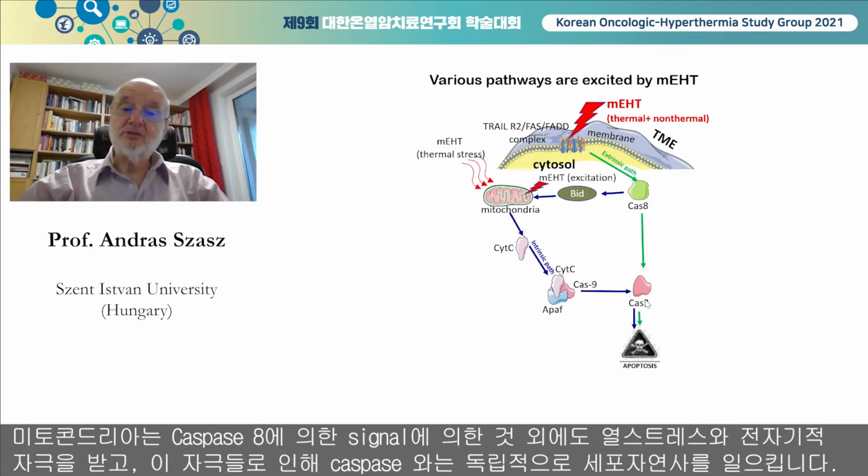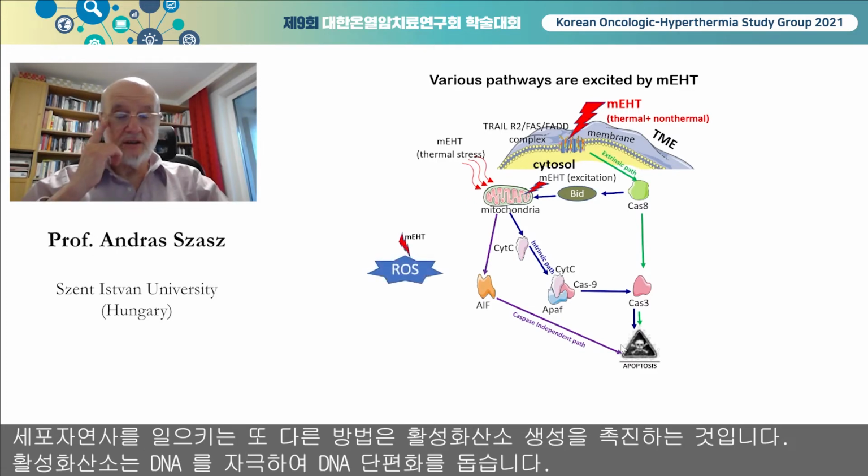But the mitochondria itself also has stresses, not only the signal coming from caspase 8, the thermal stress and electric excitation, and this makes the apoptosis-inducing factor act in a caspase-independent way, making apoptosis.